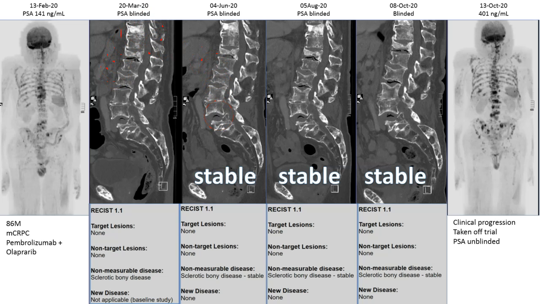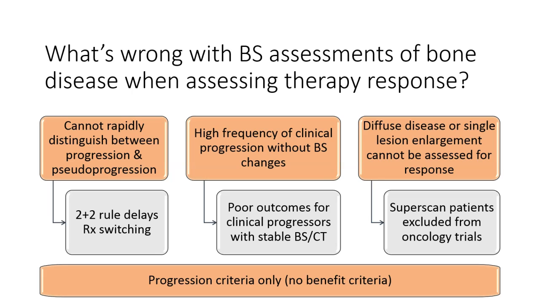You can see how over time we call this completely stable on RECIST criteria. But he was clinically progressing, taken off the clinical trial. We unblinded the PSA, and you'll notice it's 401. So although we had called this stable, he was clearly progressing, and you can see this on the whole body MRI scan. This is one of the major problems that occurs with CT scans.